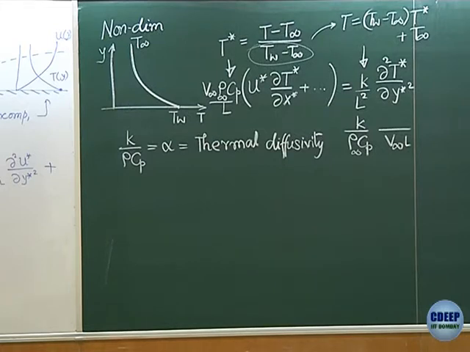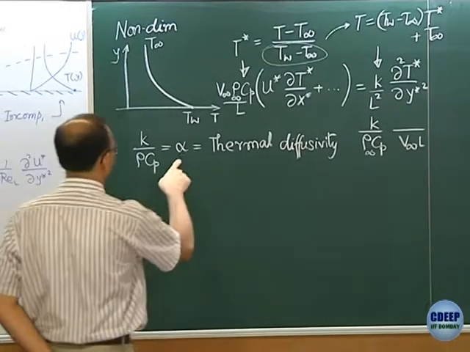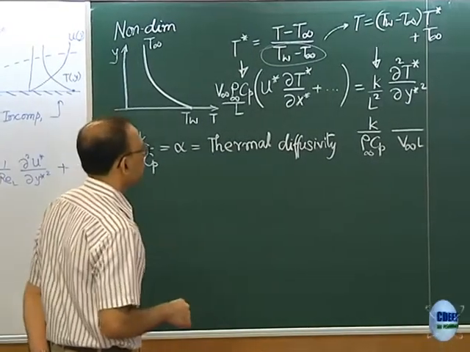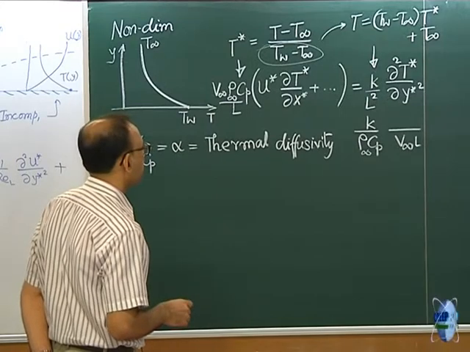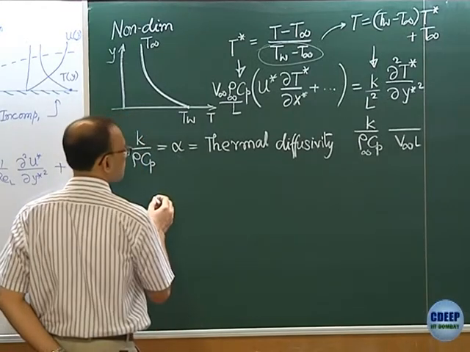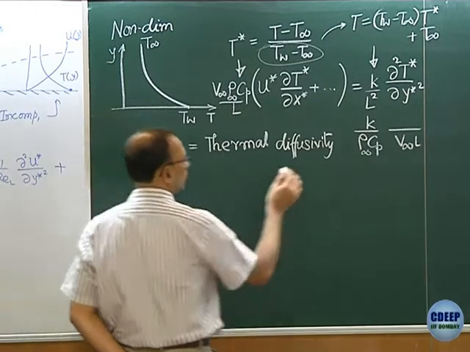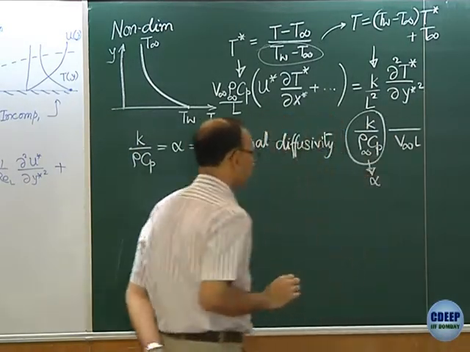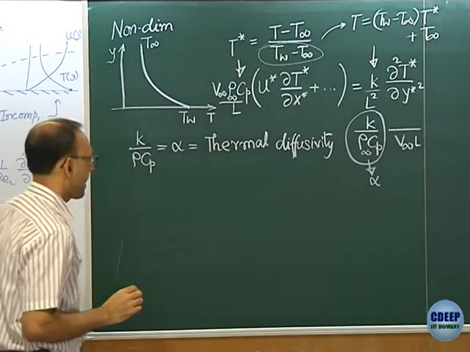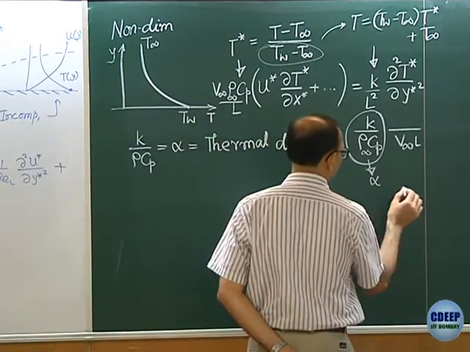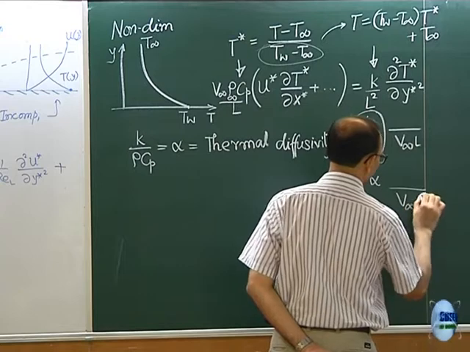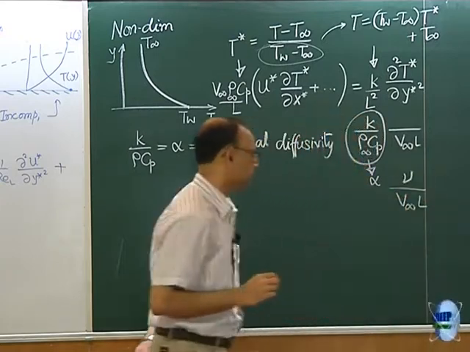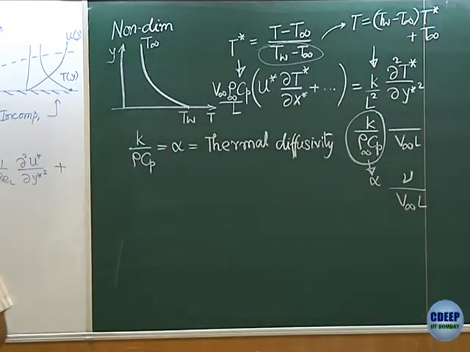Okay, so this is called thermal diffusivity, and I'm going to replace this by alpha, and I'm going to get kinematic viscosity on top because that is something we are familiar with.